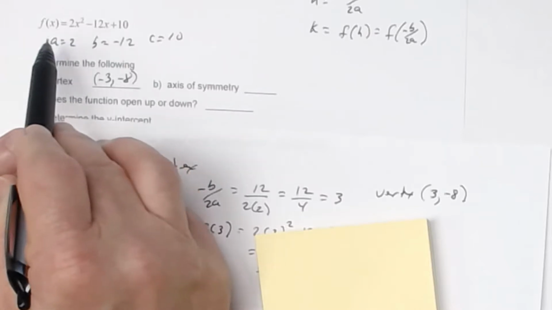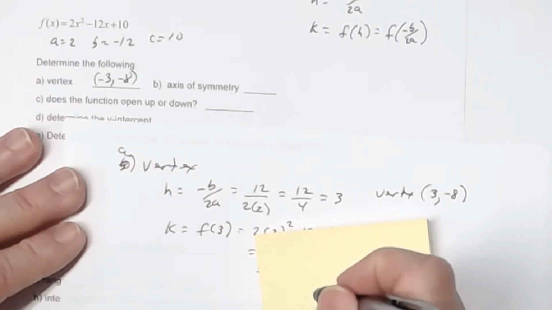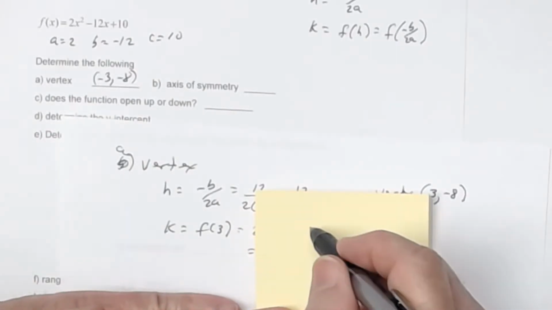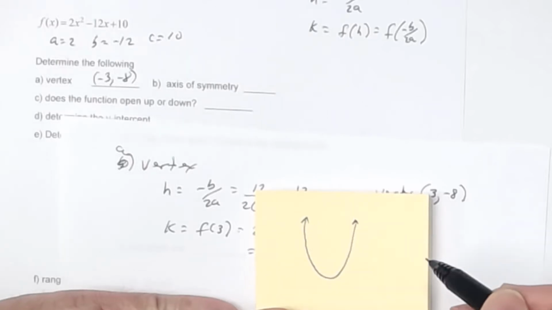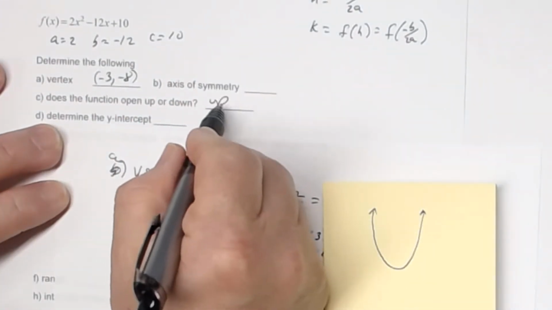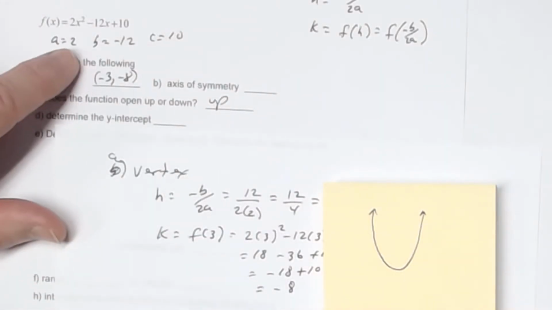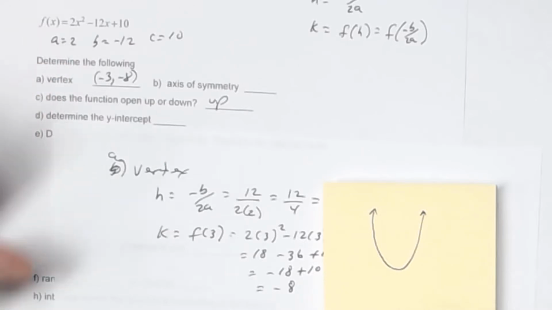The coefficient is a positive 2. Since this is positive, your parabola is going to open up, something like this. Just make sure you know why: because the coefficient of x squared is positive. If this was a negative 2x squared, it would open down.